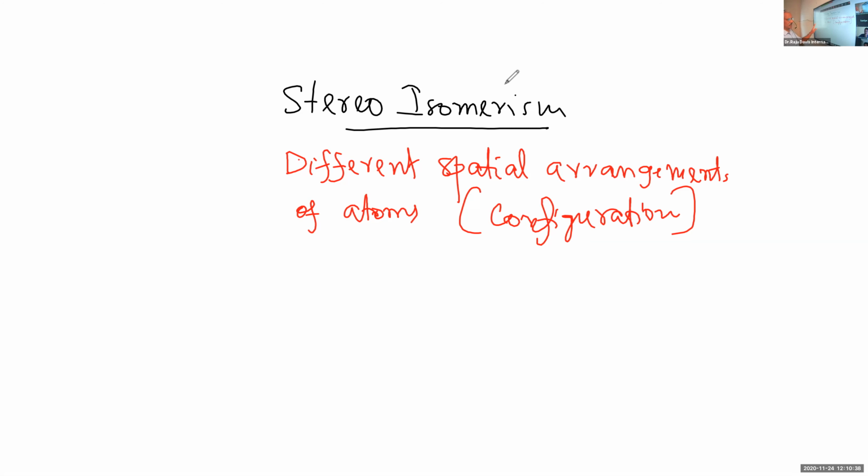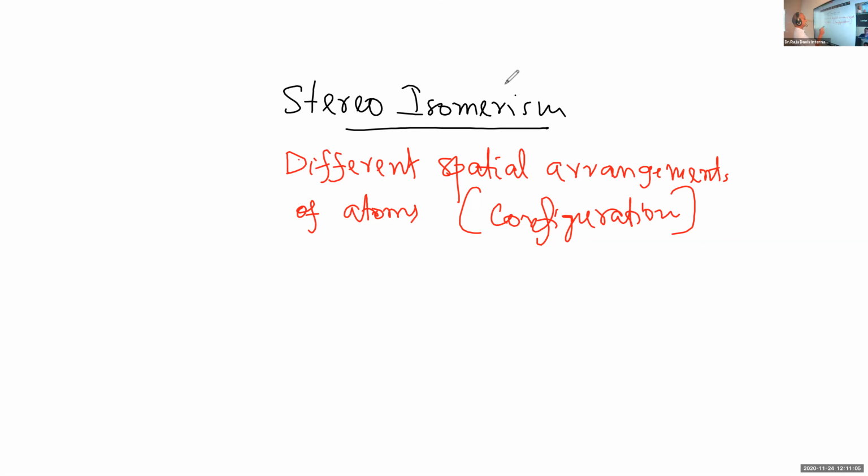Due to the difference in the spatial arrangements of the atoms, or configurations, stereoisomerism arises, and such isomers are called stereoisomers. Stereoisomerism can be classified into two types. One is called geometrical isomerism, and the second one is called optical isomerism.